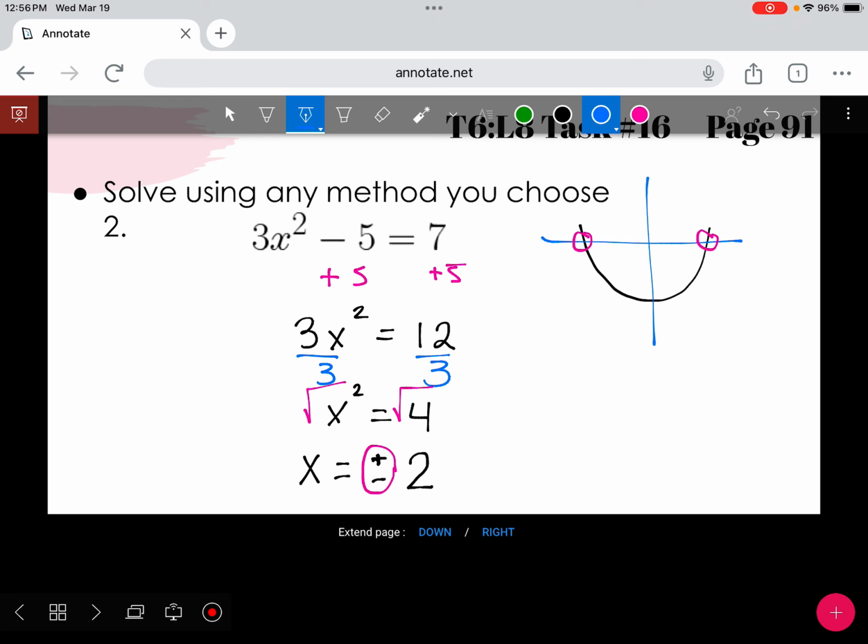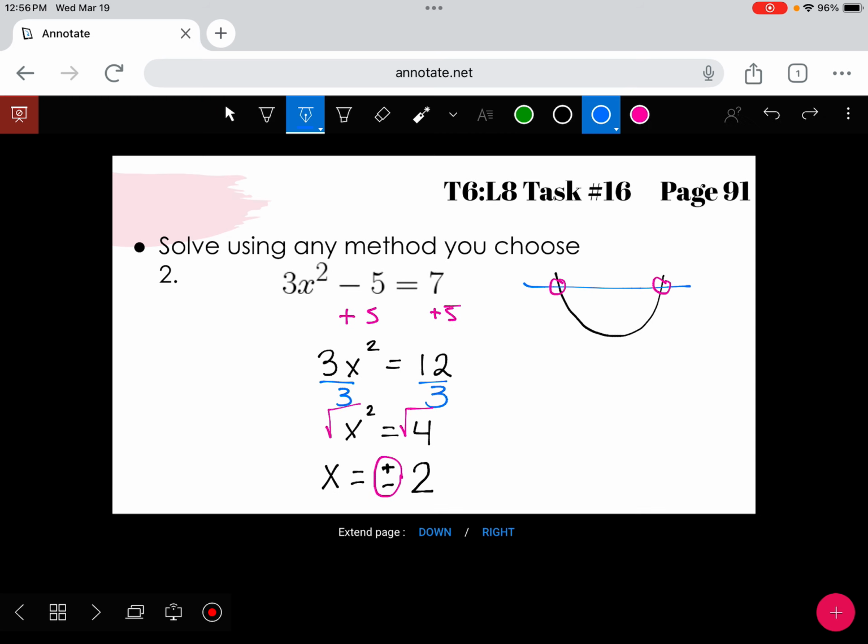So whether or not that's equal on our axis or somewhere over here, or maybe they're both negative, more often than not, we have 2 roots. So make sure we account for that. So anytime we square root both sides, we need a plus or minus.